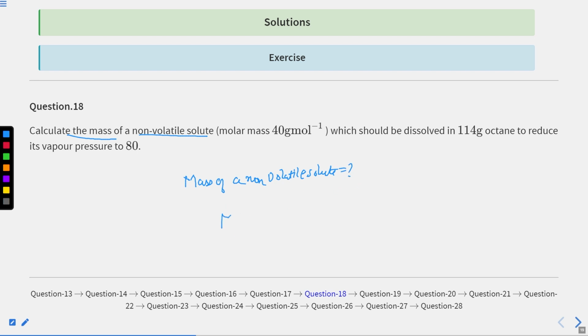And the molar mass is 40 gram per mole. Now it is dissolved in 114 gram of octane. So the mass of solvent is given as 114 gram.